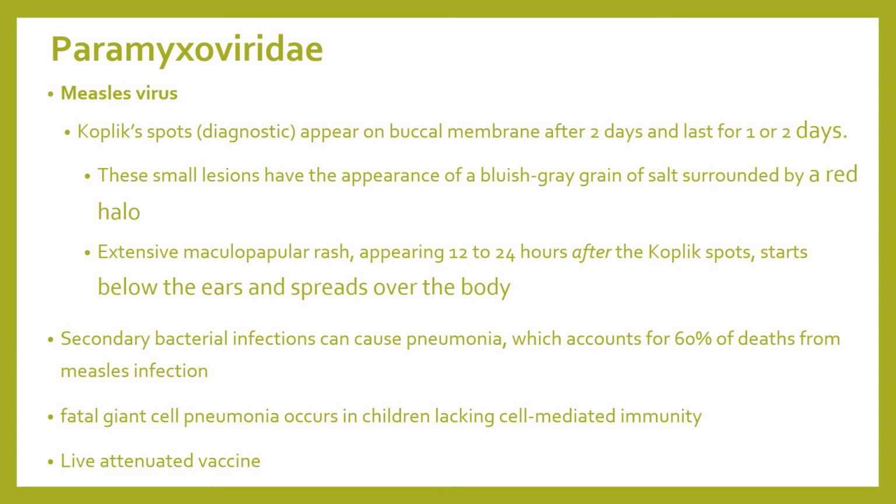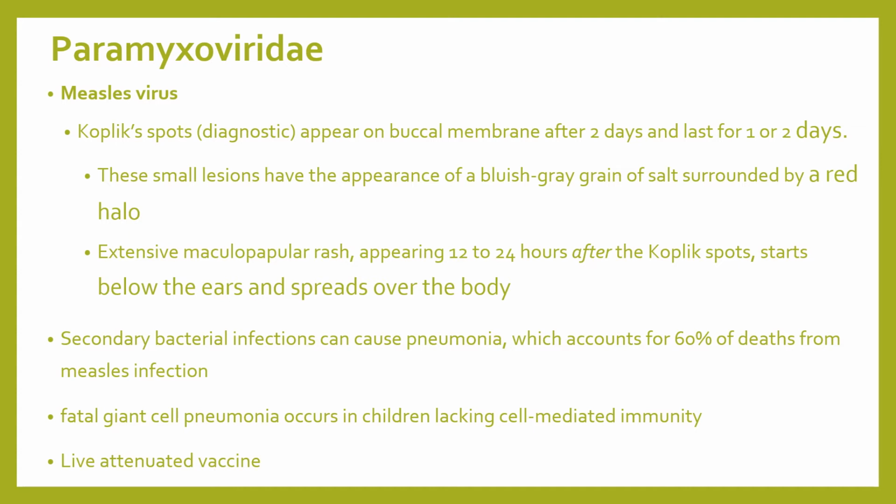One of the diagnostic features of measles is the presence of Koplik spots. These are lesions that appear on the buccal membrane and usually last for 1 to 2 days. They are small lesions that have the appearance of a bluish-gray grain of salt surrounded by a red halo.